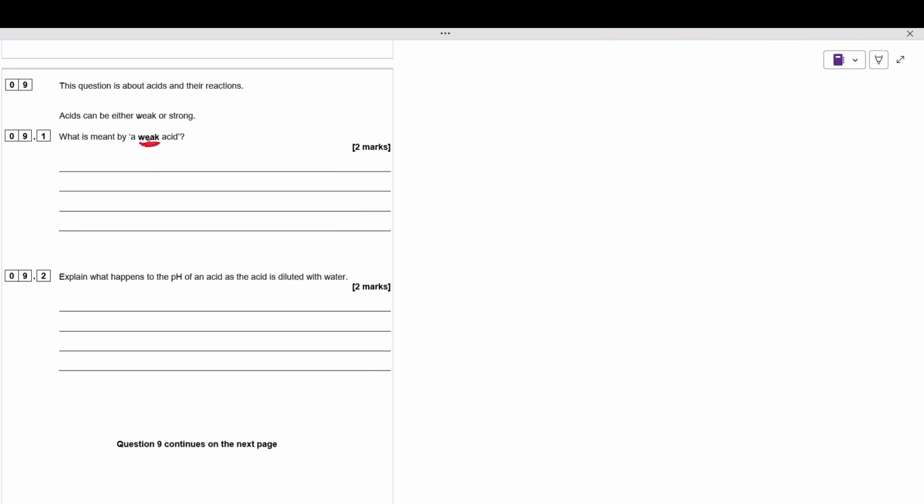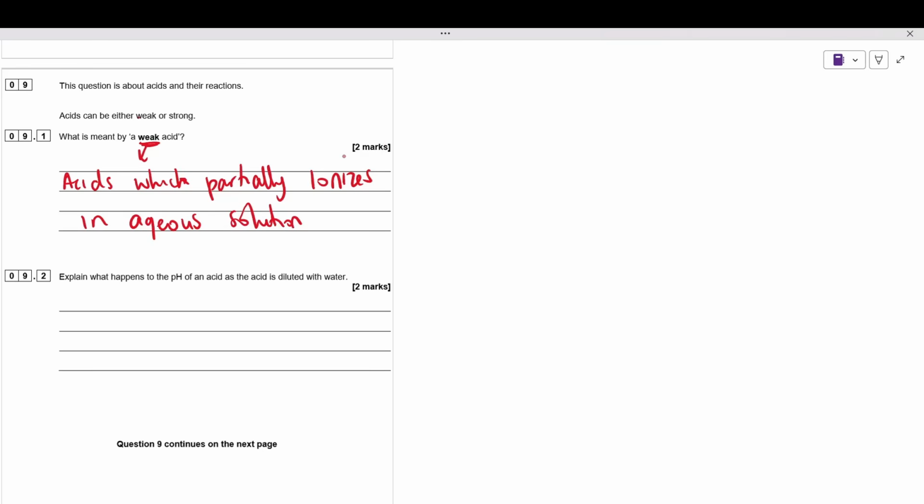So our weak acid, so these are acids which partially ionizes in aqueous solution. Right? Instead of ionize, you can say partially dissociates. Either of those are correct.